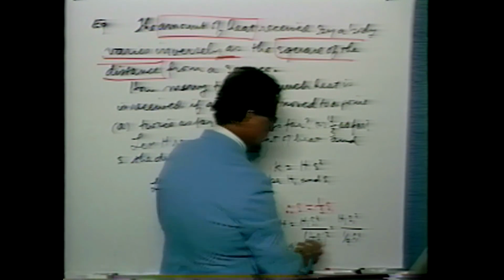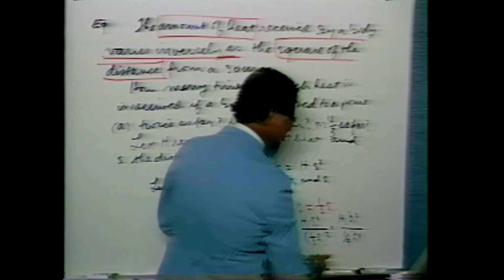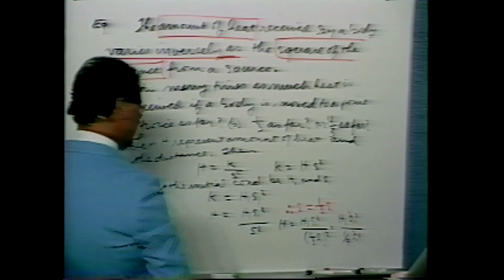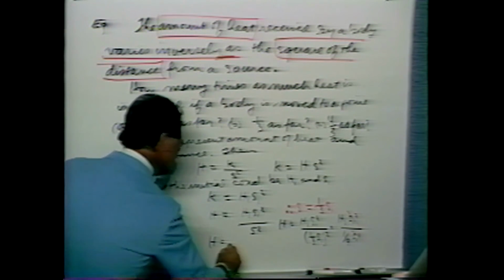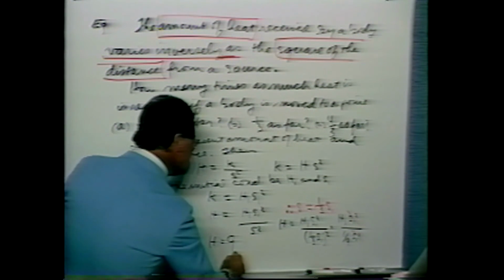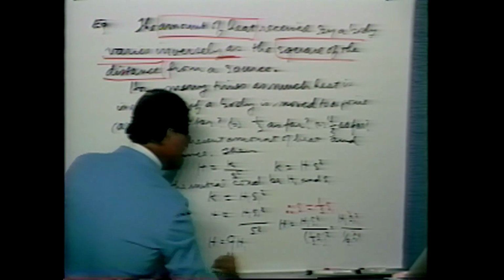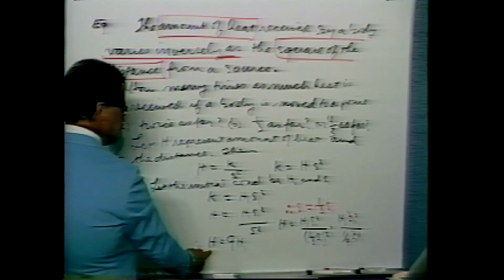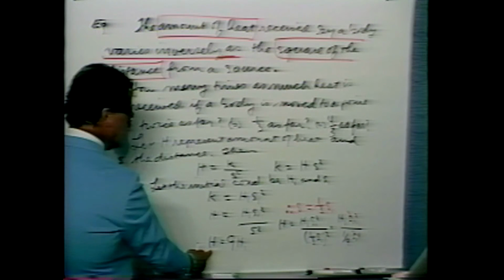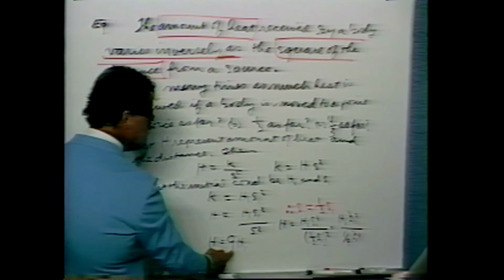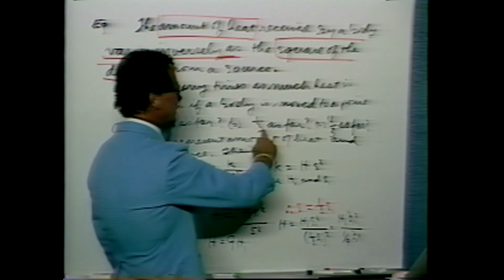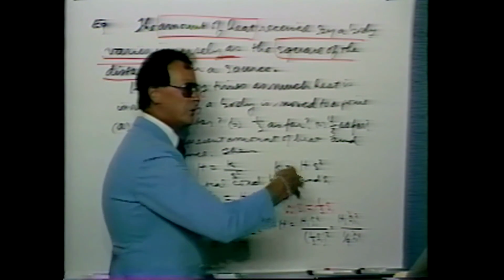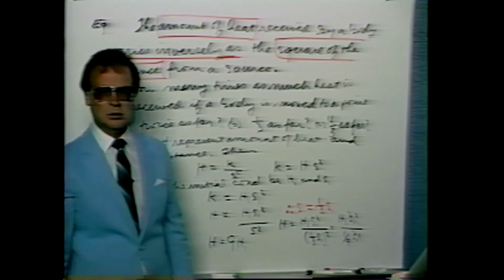Notice that, again, I have S1 squared there and S1 squared there. And simplifying my result, I would write that H finally is equal to 9 times H1. In other words, the new condition, or final condition, is equal to 9 times the initial condition when the body is moved 1/3 of the original distance closer.